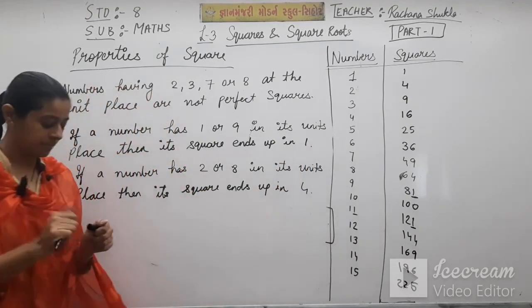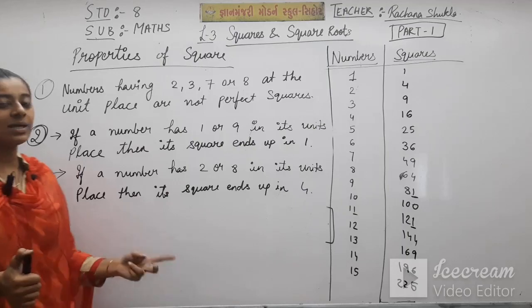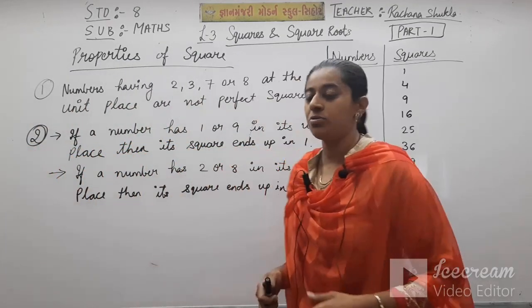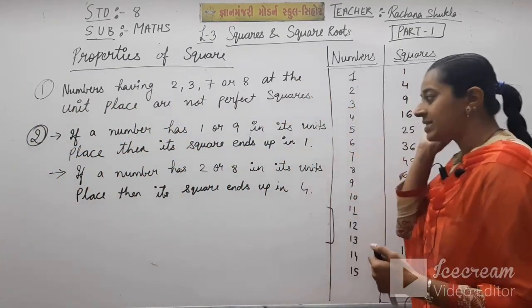Now a new property, that is, if a number has 2 or 8 in its unit place, it ends in 4. Let's see that.